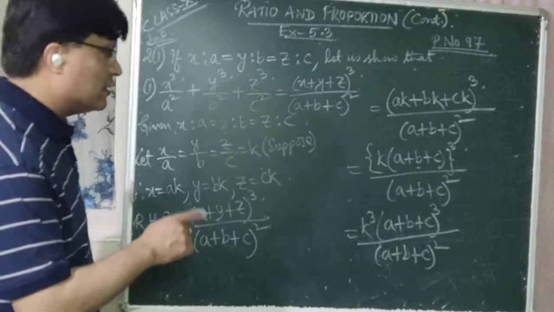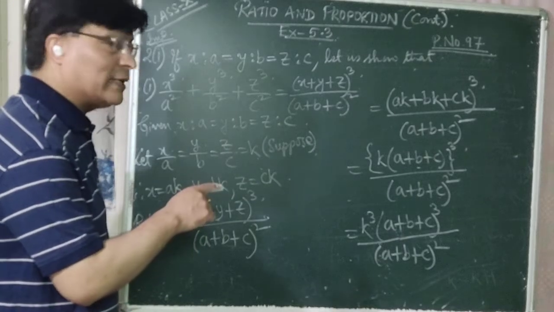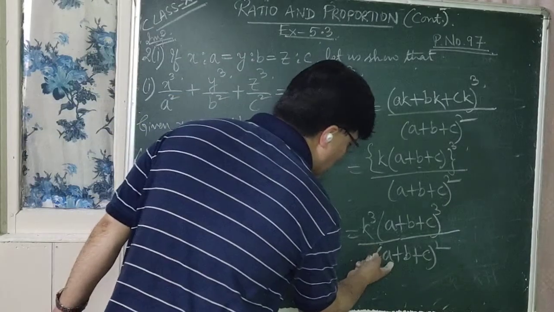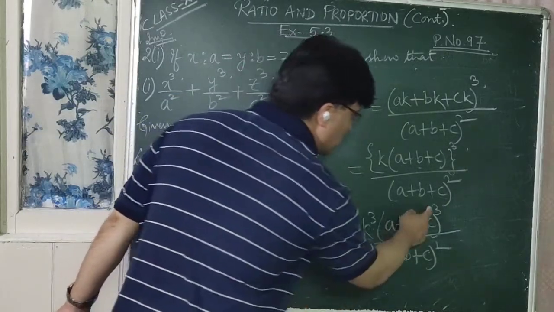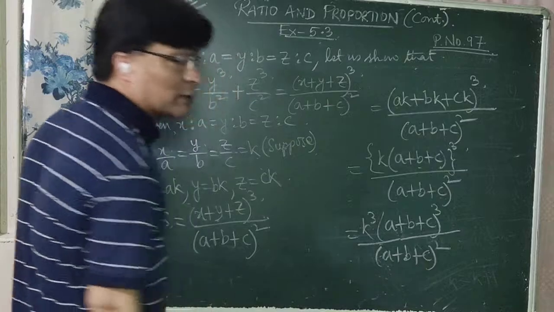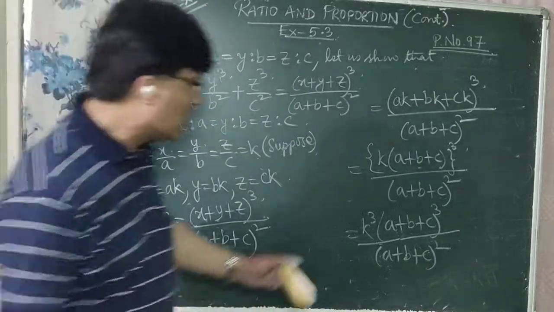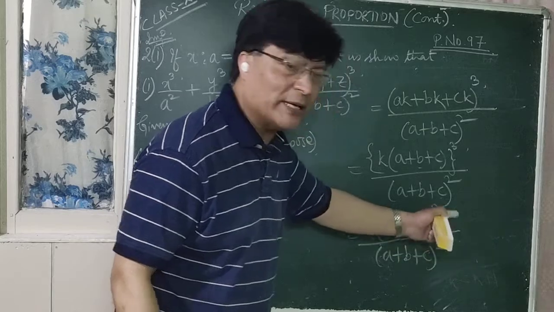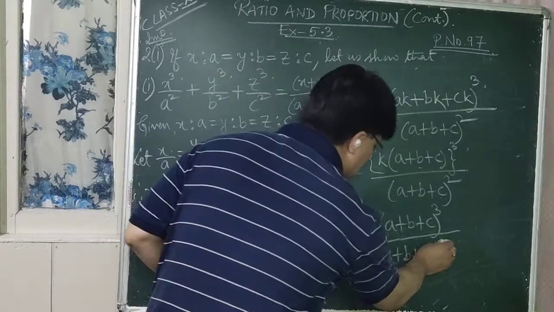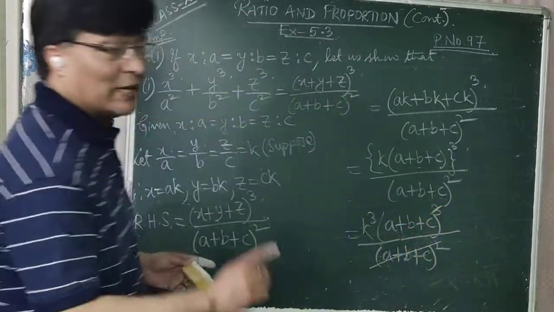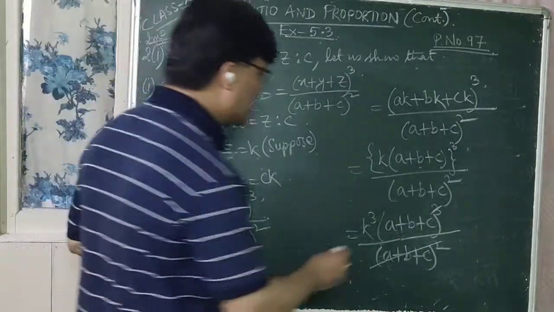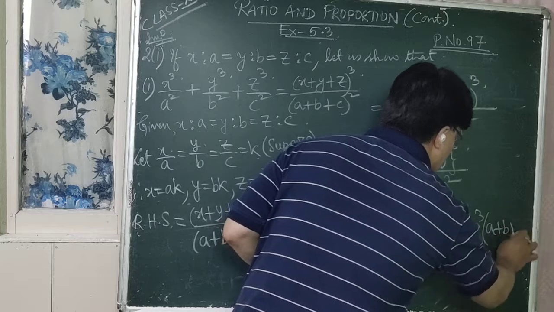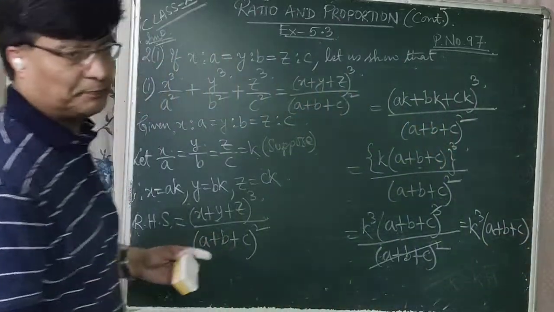Now you can cancel (A plus B plus C) whole square and (A plus B plus C) whole cube. The bases are same, so when the denominator goes up in the numerator, it becomes 3 minus 2, which is 1. Or you can cancel it, so it leaves A plus B plus C once. So which is equal to K cube into (A plus B plus C).